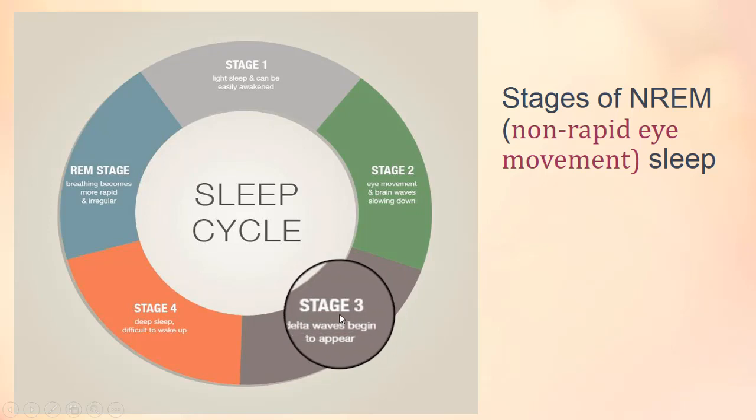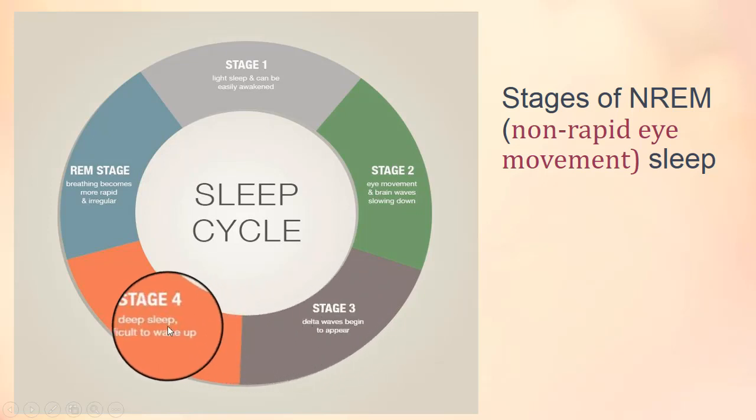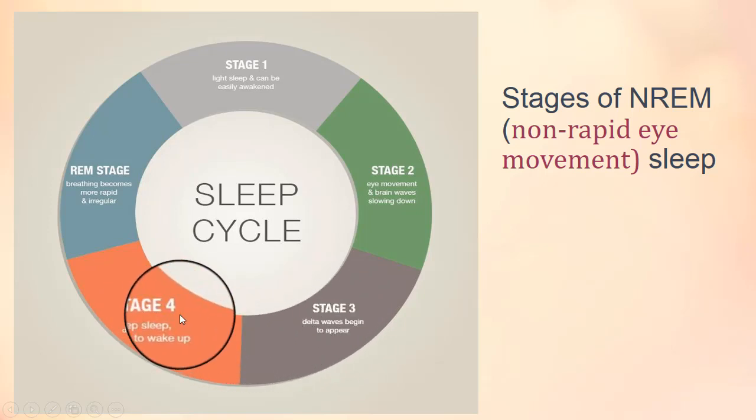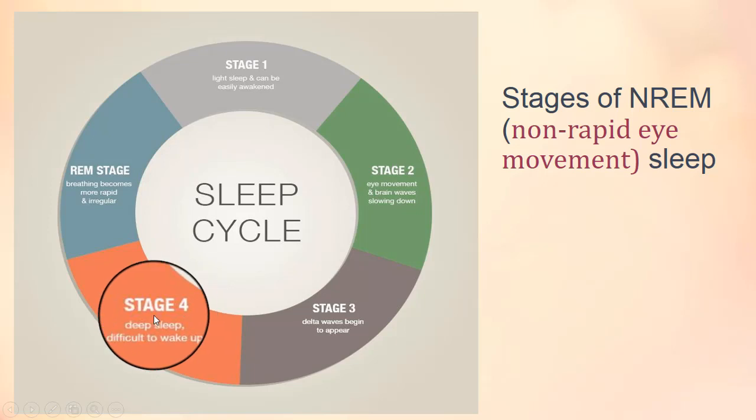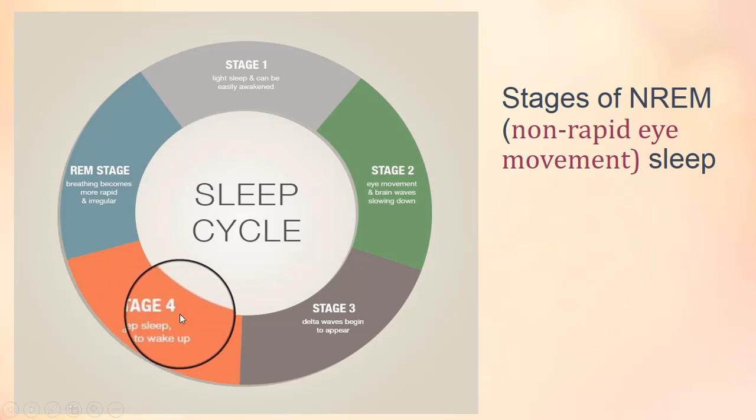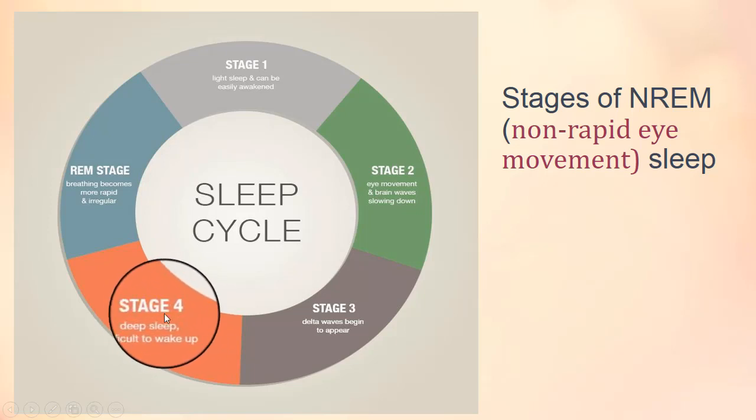Now after the third stage, the fourth NREM stage will form. What happens during this stage? Body temperature increases, blood pressure decreases, and there will be very deep sleep, rhythmic breathing, limited muscle activity, and delta waves will be produced.